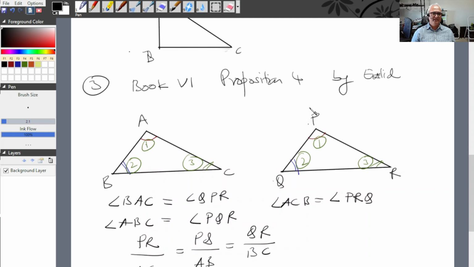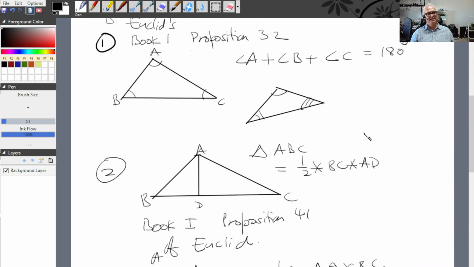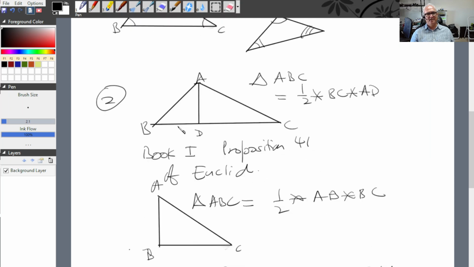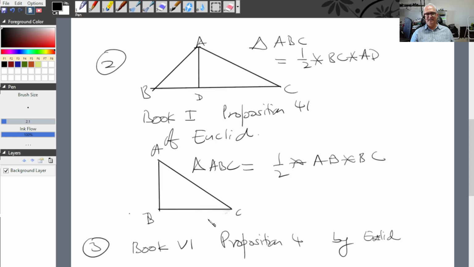So these three principles Einstein used to prove Pythagorean theorem. Number one is that the three angles of a triangle are 180 degrees and they remain constant. Number two, the area of a triangle is half of perpendicular multiplied by base, and for a right angle triangle it is half of the multiplication of adjacent sides.